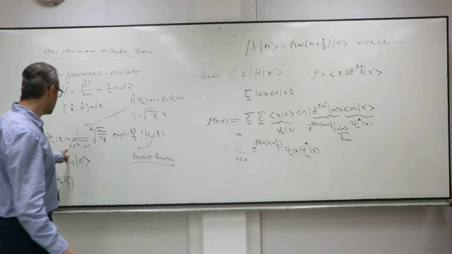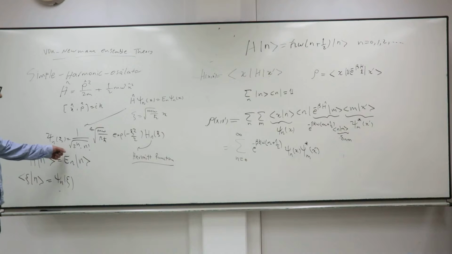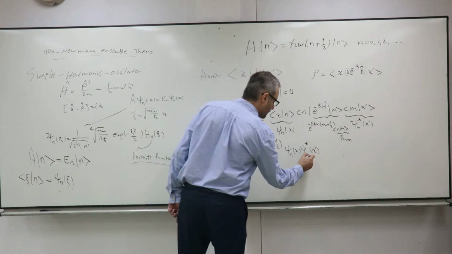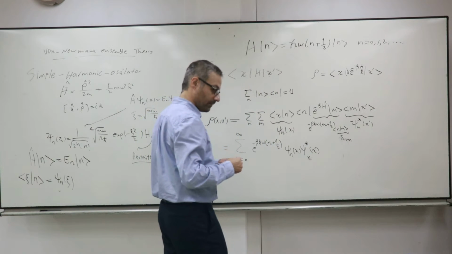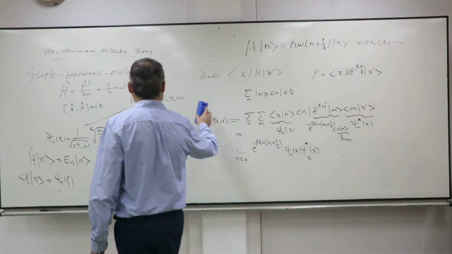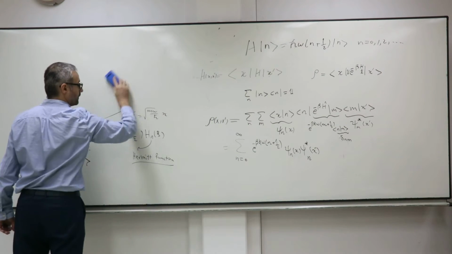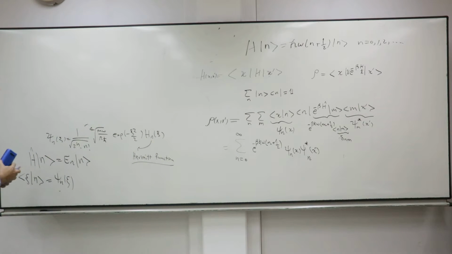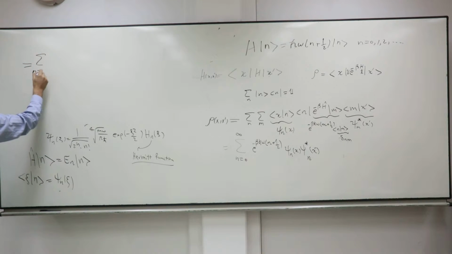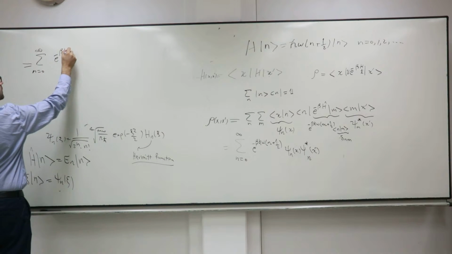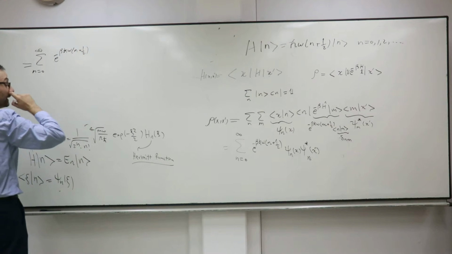And psi n, what is psi n? Psi n is this, and n is equal to m. So if you substitute the expression of the wave function for the harmonic oscillator, you will find sigma n from 0, continuing with e to the minus beta h bar omega (n plus 1/2), psi n of x.